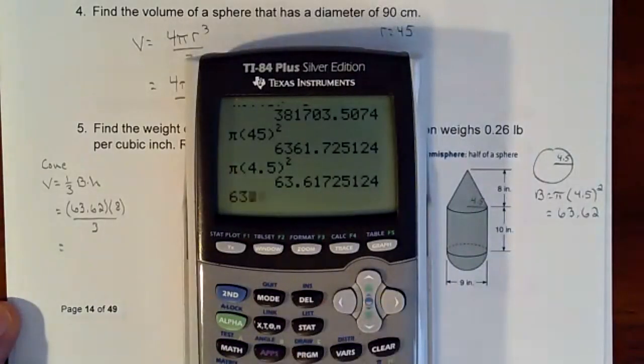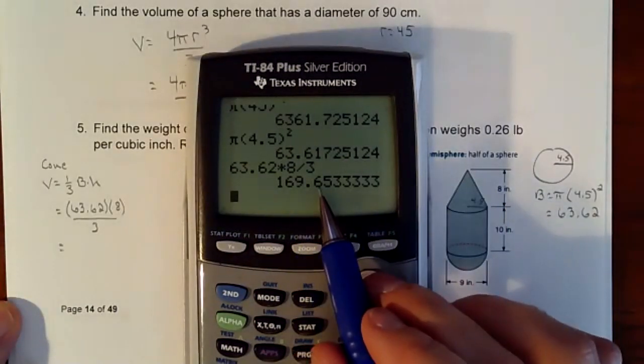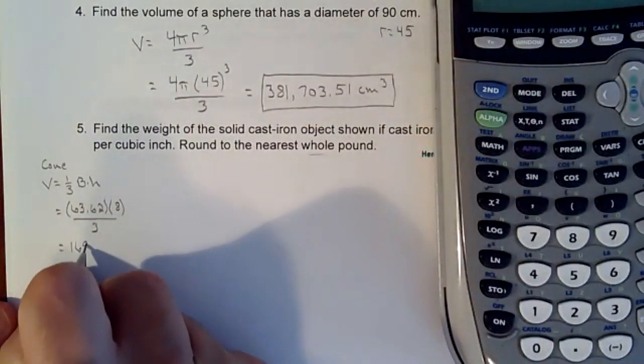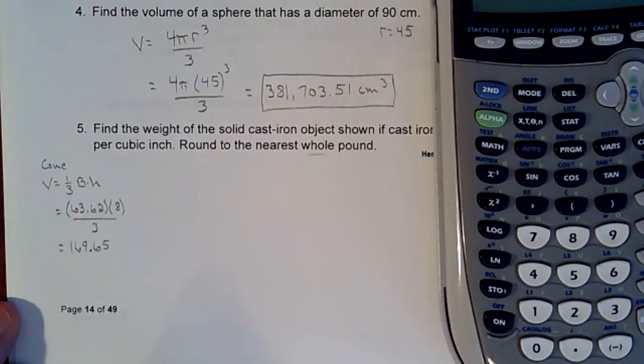So 63.62 times 8 divided by 3. Again, let me cut it off at 2. 169.65. All right, so there's our cone.